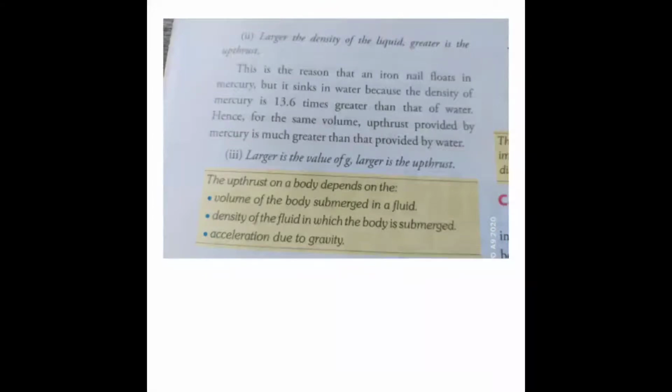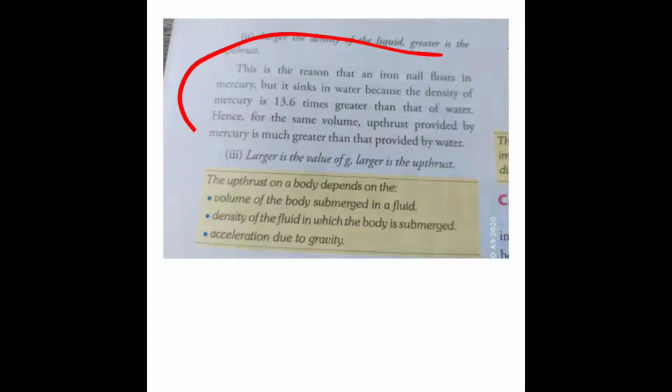That means if you are immersing an object in a liquid, let us consider water. The force exerted by water on that body will be less than that exerted by mercury. The same body, if you immerse it in water as well as in mercury, mercury will exert more upthrust than water because the density of mercury is more.